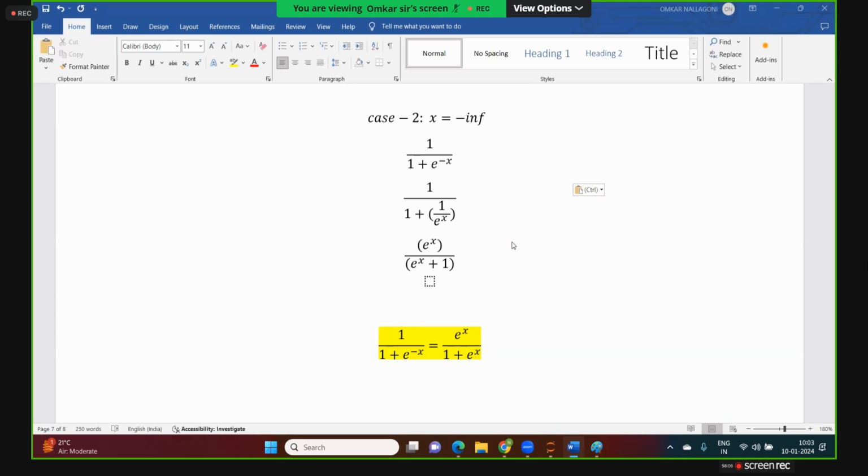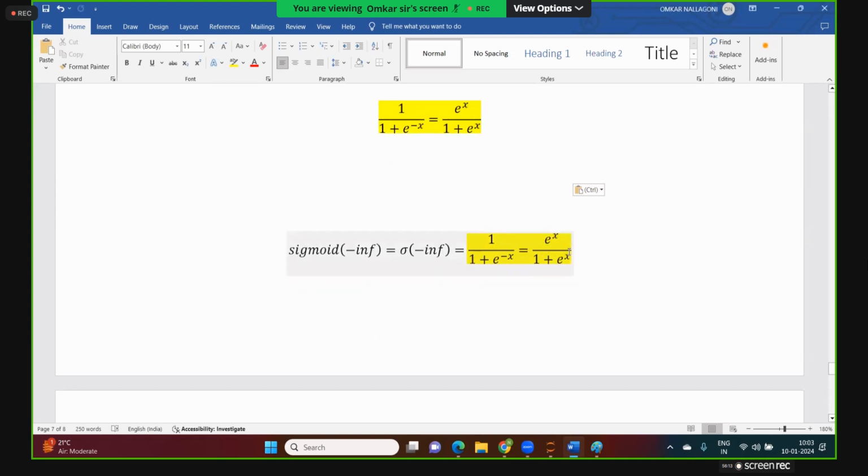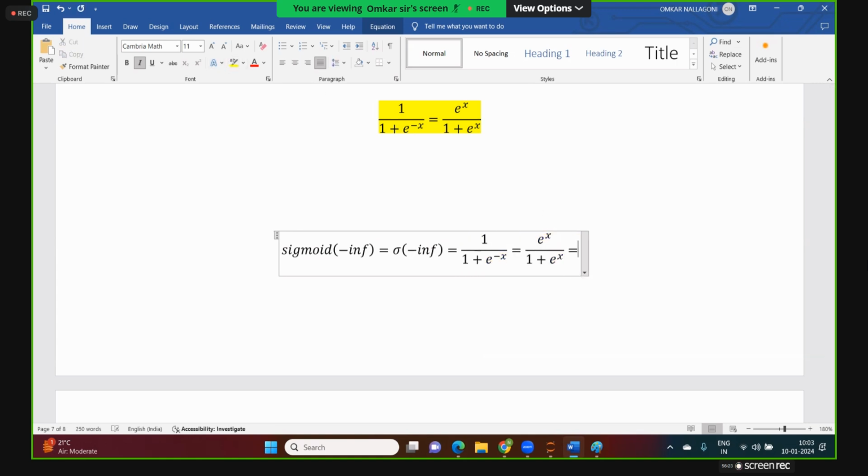Okay, 1 by 1 plus e power minus x equal to e power x by 1 plus e power x. Now apply the minus infinity on this. Then this becomes e power minus infinity, which is nothing but 0.